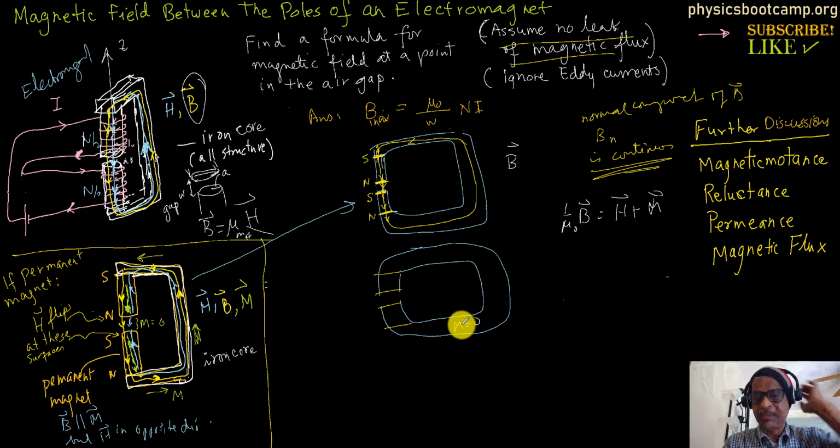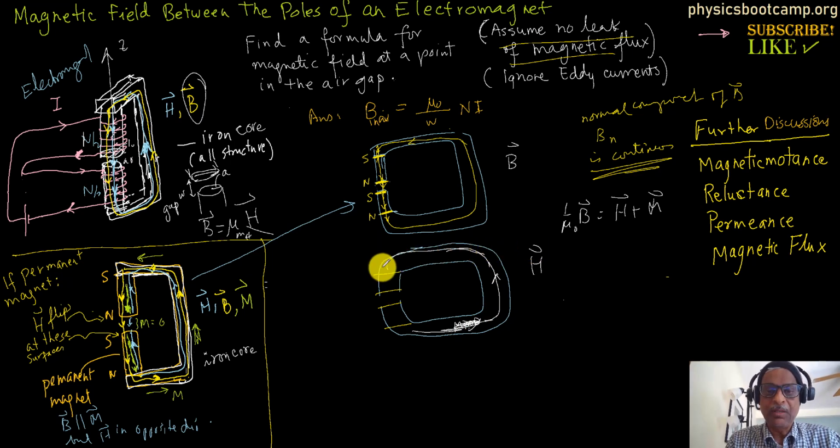M will become smaller, but not 0. It's going to be small compared to over here. So over here, B and M will be in the same direction, so it will go in that direction. So this is H.